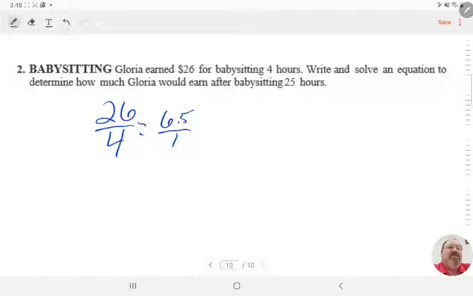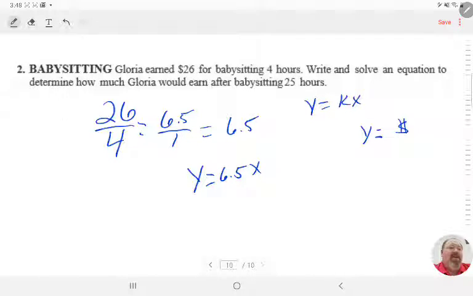So $6.50 to 1 hour, okay? Or 6.5. So y equals kx. So we could say y equals 6.5x would be an equation, where y equals money and x equals hours.